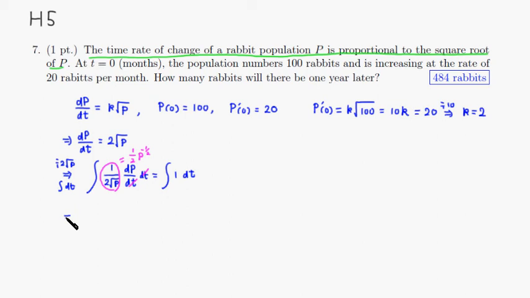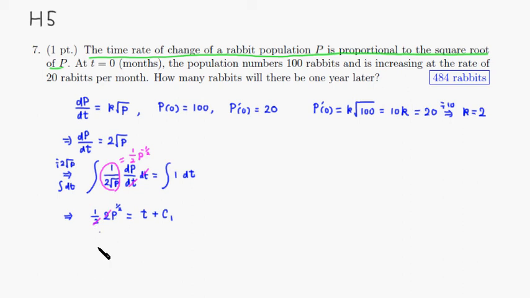With 1/2 in front, P, power rule, add 1 to the power, so it's going to be the 1/2 power, divided by 1/2, which is the same as multiplying by 2. Then this is equal to t, the antiderivative of 1 is t, and then you have some constant C1. Luckily, we can cancel 2 and 2, nice and clean.